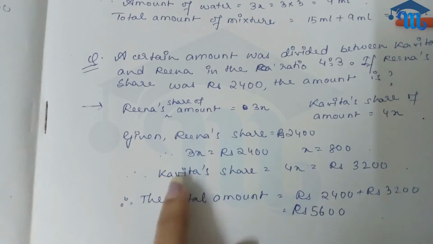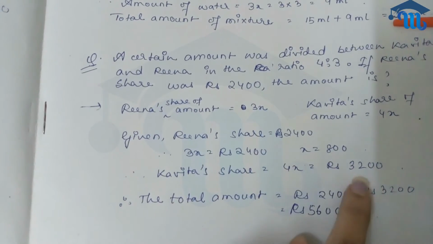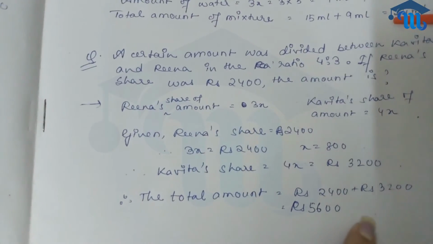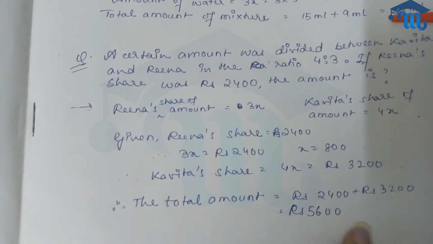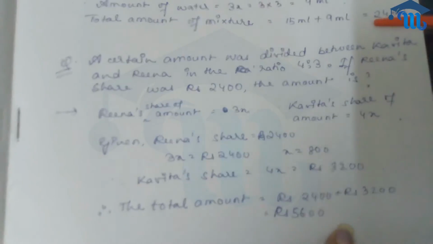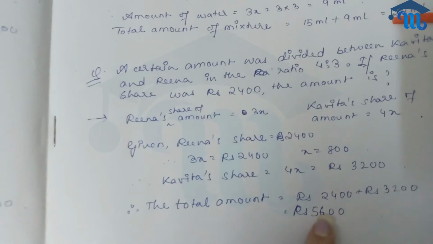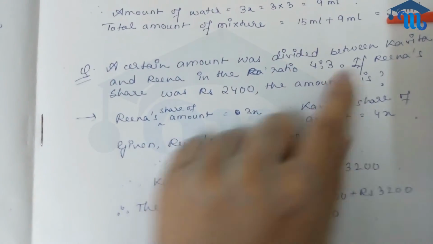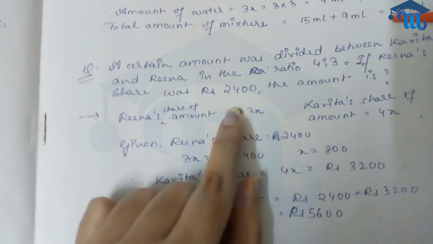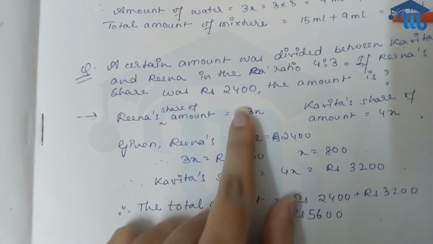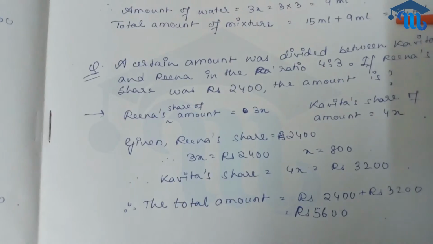From that you can find Kavita's share, that is 4x, that is 3200, and hence we get the total amount as 5600. Okay, so hence 5600 when it is divided in the ratio 4:3 between Kavita and Reena, Kavita's share is rupees 3200, Reena's share is rupees 2400.